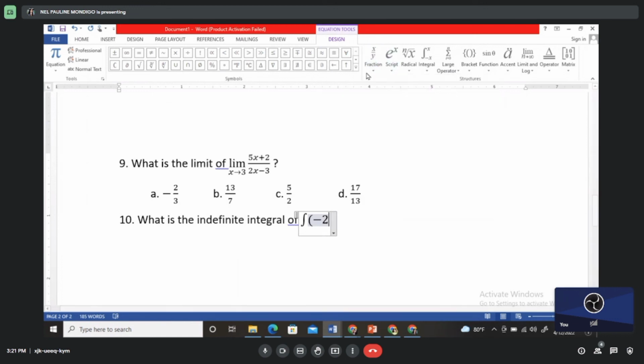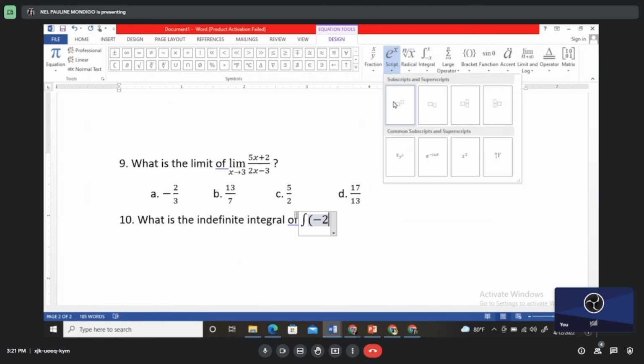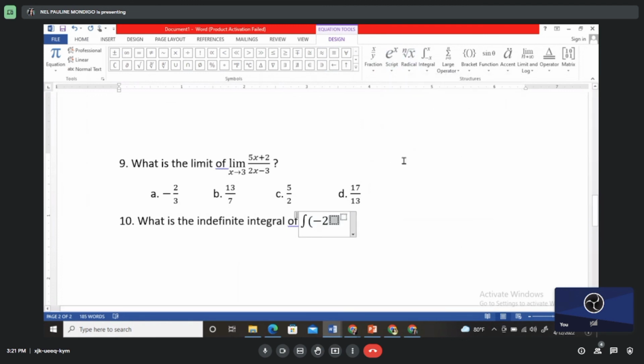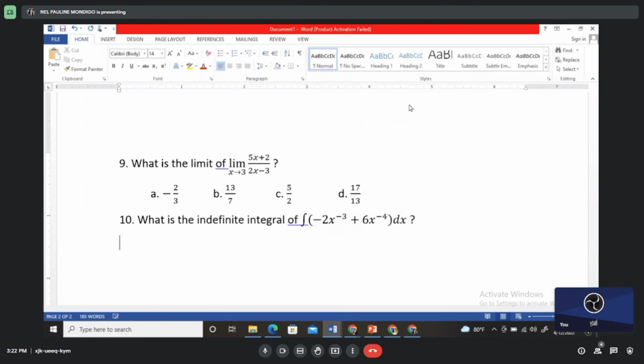Negative 2x to the power of negative 3. So let's add the script, negative 3, plus 6x to the power of negative 4. Add script again. Close parentheses, then don't forget to write dx.